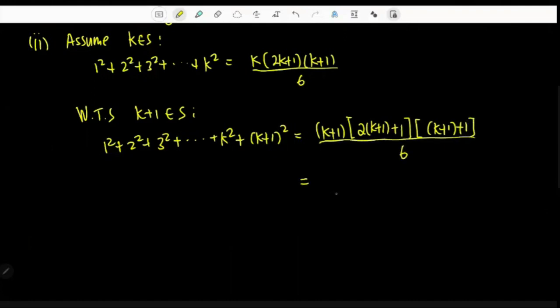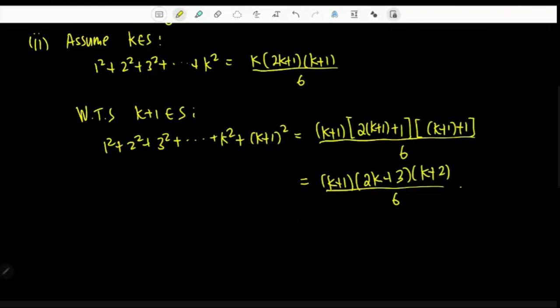Or if we simplify, we have (k plus 1) times the quantity (2k plus 3) times (k plus 2) all over 6. So we want to show that this equation holds.